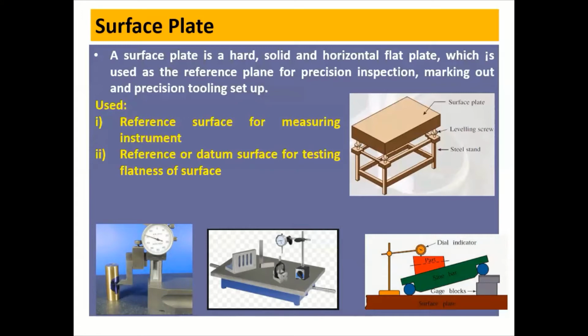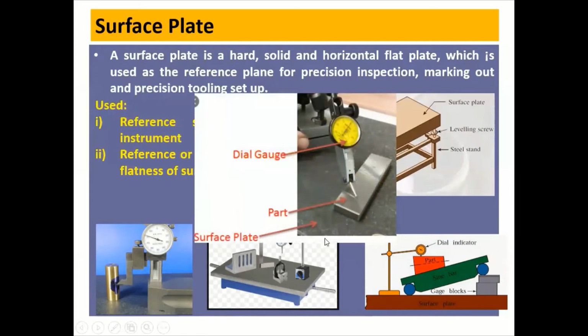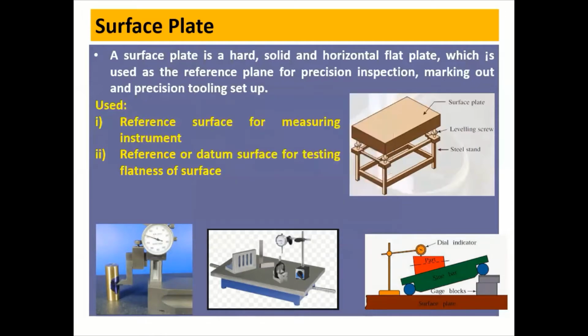Then the other use is as a reference or datum surface for testing the flatness of a surface. You can see in this diagram, this is a plate whose flatness we are interested in observing.